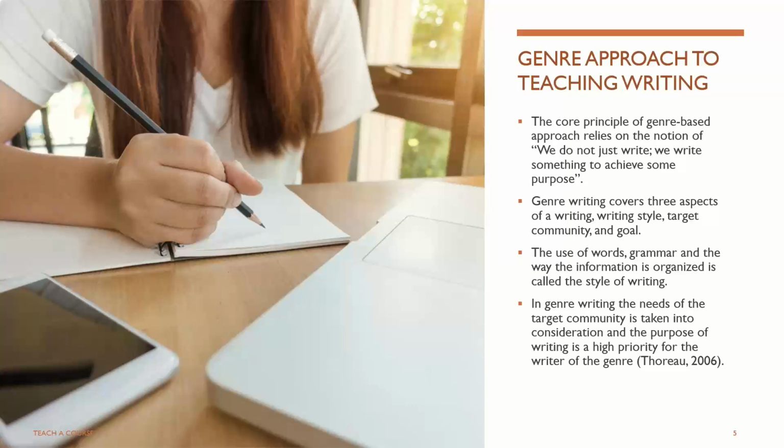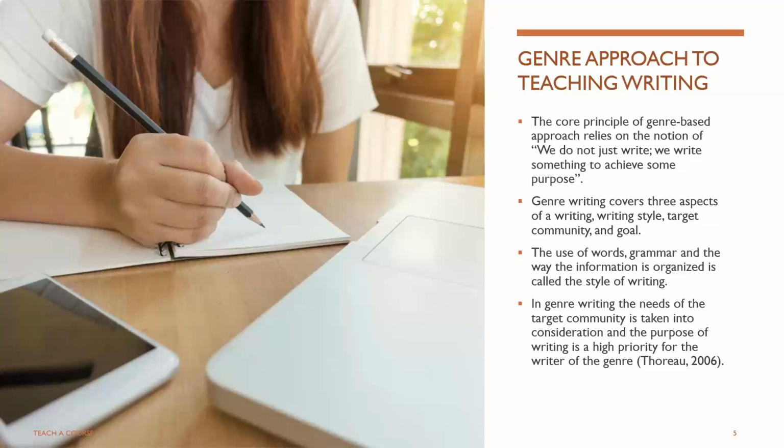It means this approach gives the student a full picture of writing. He knows every element in his writing. Another important thing in this approach is that the student learns all three aspects of writing. He knows the writing style.